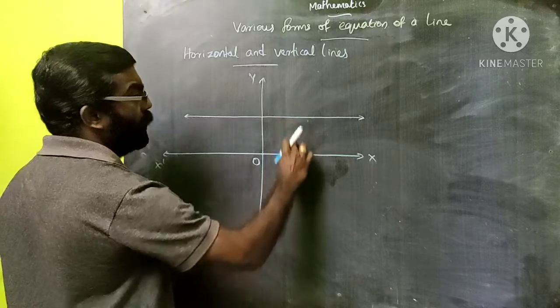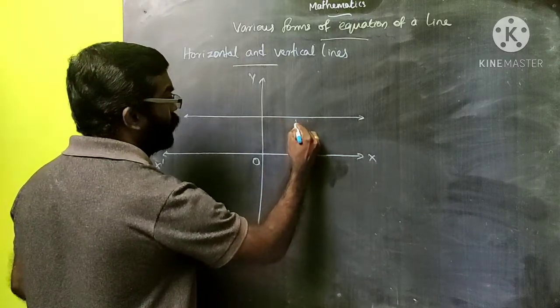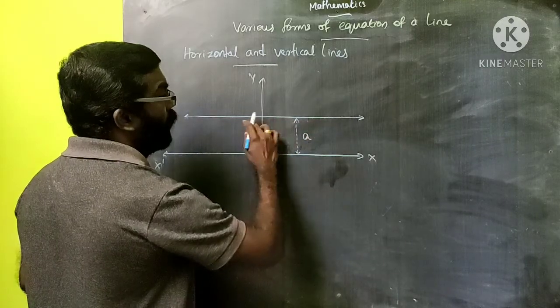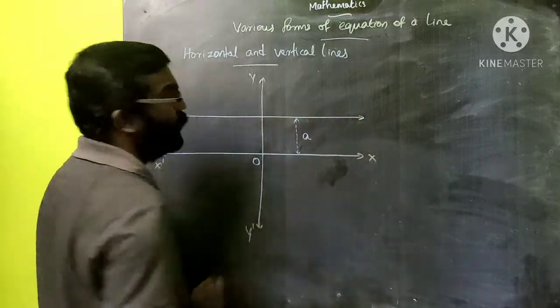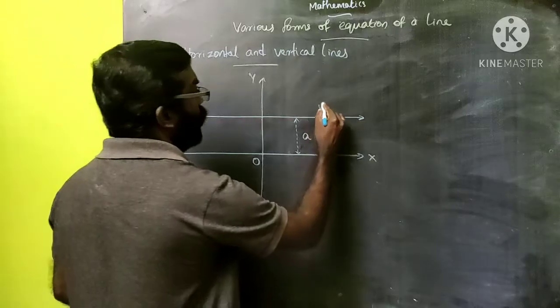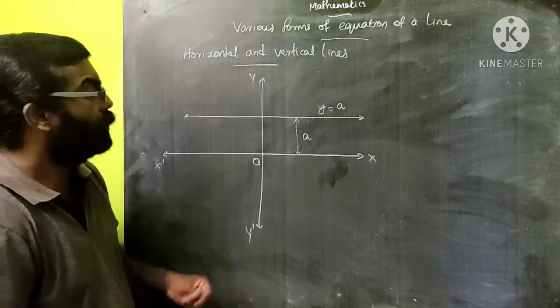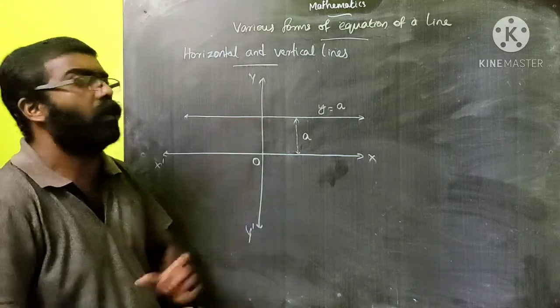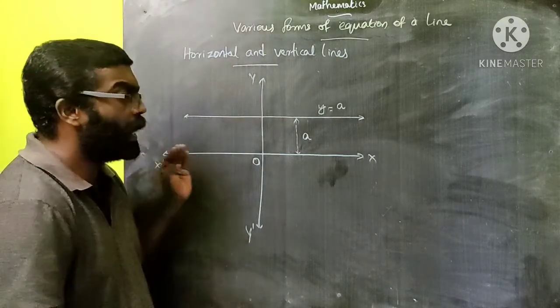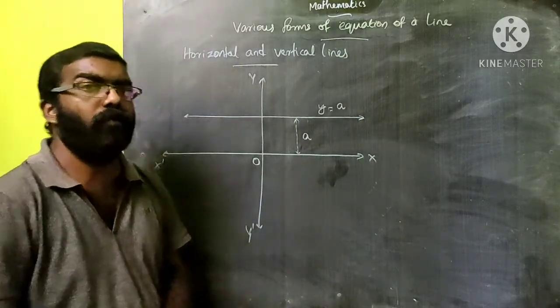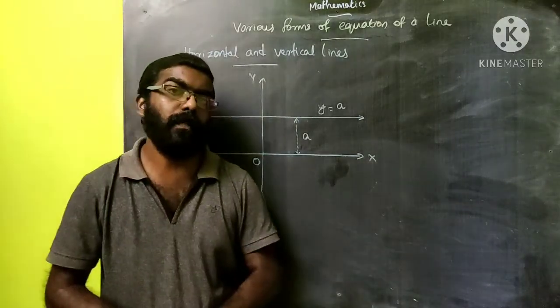If the distance between these two lines we take it as small letter a, then we can write the equation of this horizontal line as y is equal to a, because we have drawn the line through a point on y-axis which is parallel to x-axis. So y equal to a is a line which is parallel to x-axis.